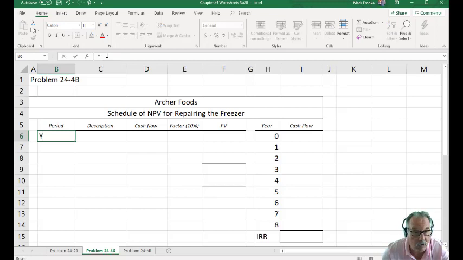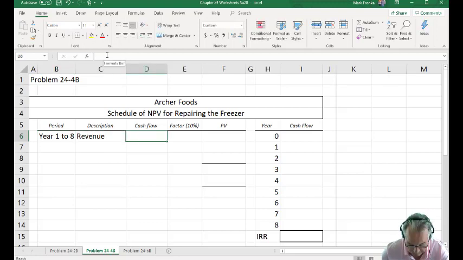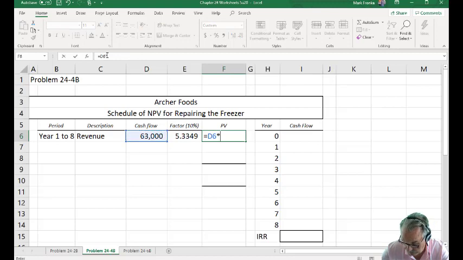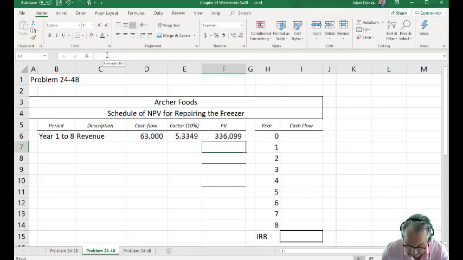Okay, so year 1 to 8, we are going to have revenue, which is positive cash flow, of $63,000. The factor for an annuity, this is for 8 years, is 5.3349. So the present value of those positive cash flows is $336,099.